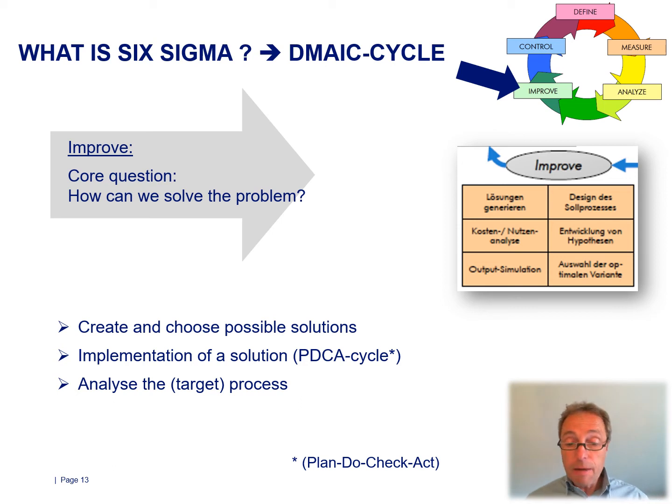Also here will help us the PDCA cycle, and afterwards we have then to analyze the target process. Is it really better like we promised, or is it not? This is then the question, and this belongs to the improve phase.